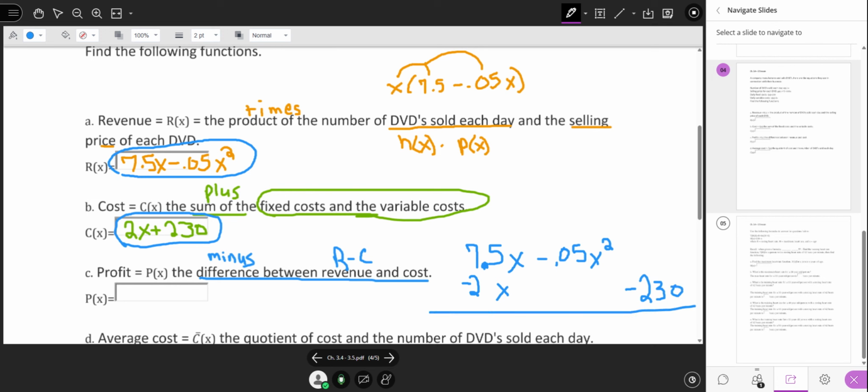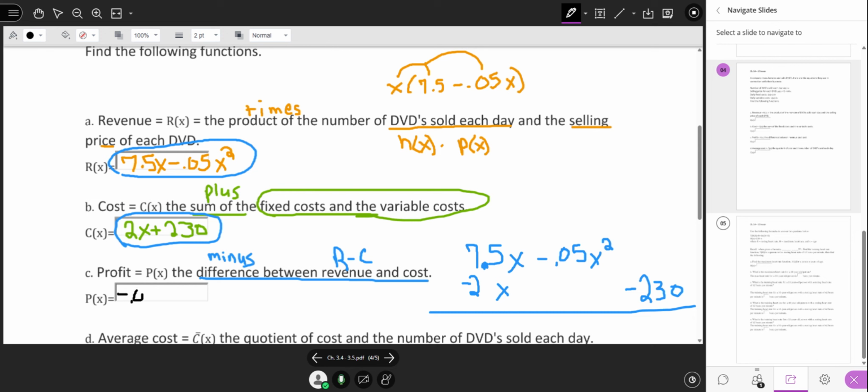Notice I combined my two like pieces. And I'm going to put it not alphabetical, in descending order. So highest degree down to lowest degree.